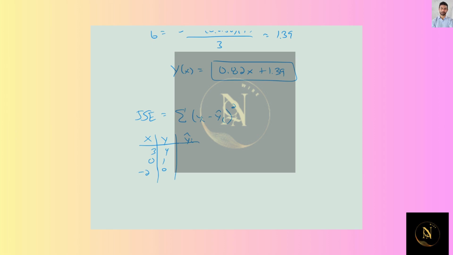So with an x of 3, I'm substituting that into our equation. 0.82 times 3 plus 1.39 is a predicted 3.85. 0 would be 1.39, and -2 would be -0.25. The difference between what they actually were and predicted would be what I'd be concerned with next.